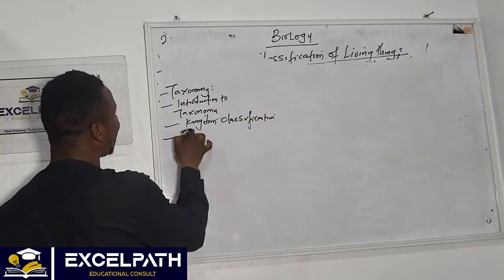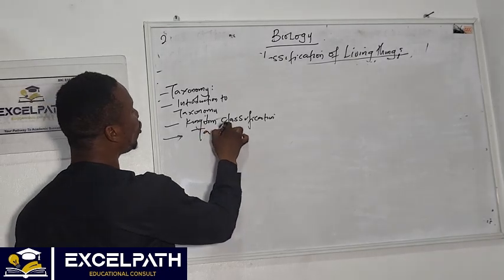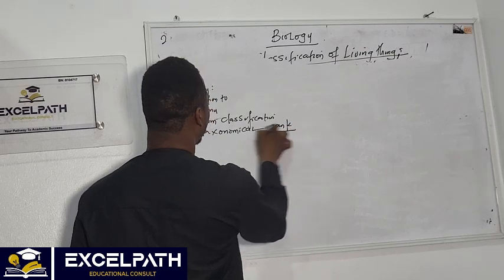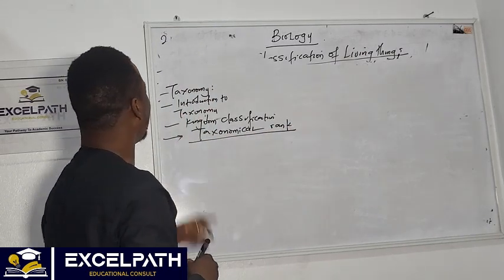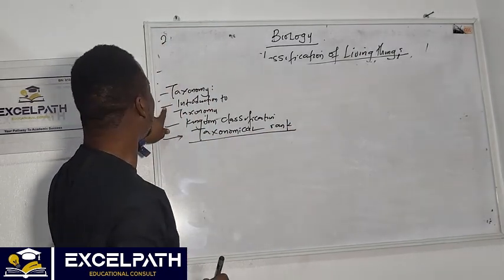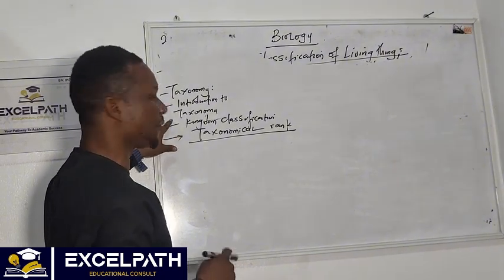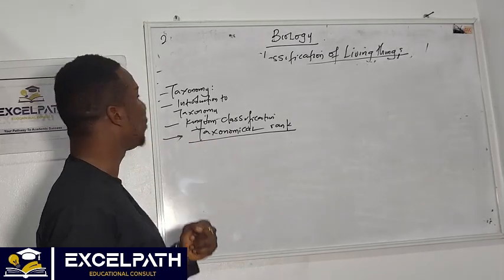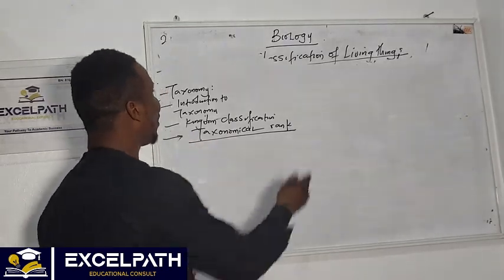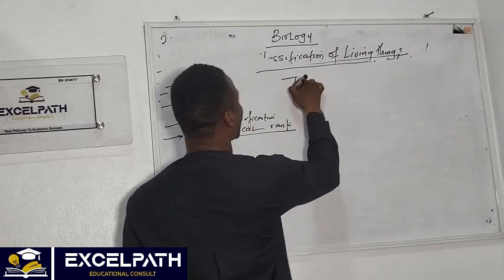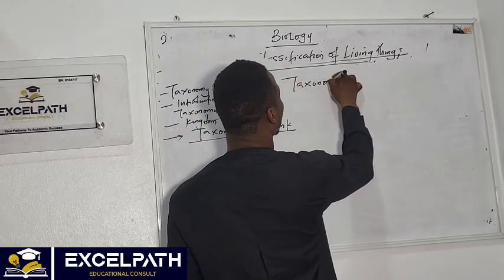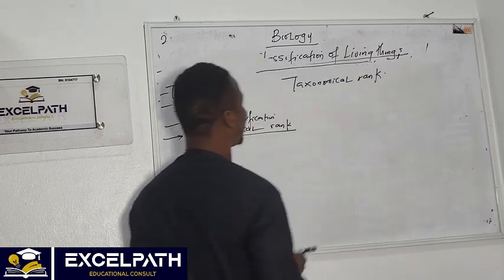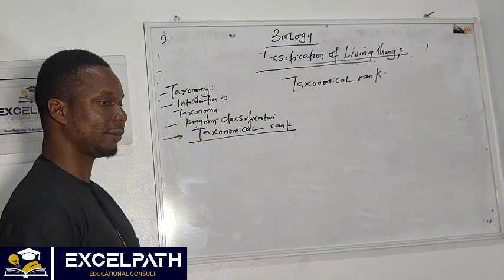Now, the other thing we need to talk about is taxonomical rank or hierarchy. In the syllabus, we looked at the meaning of taxonomy, we introduced taxonomy and the 5 kingdom classification. If you check your syllabus, it's like that. And we have to look at taxonomical rank. So our subtopic is taxonomical rank.